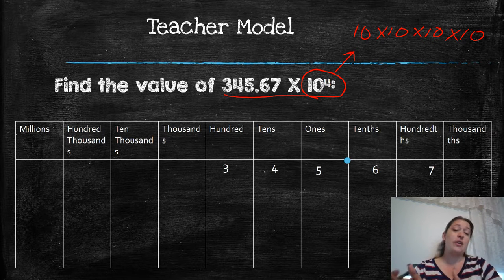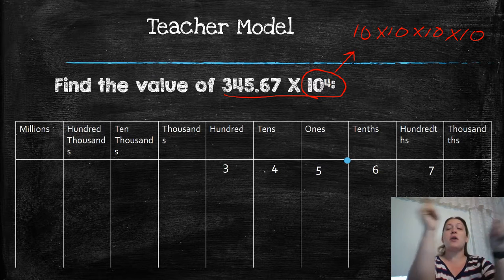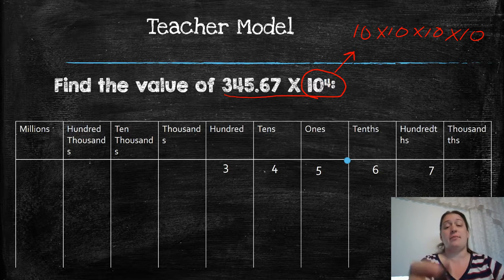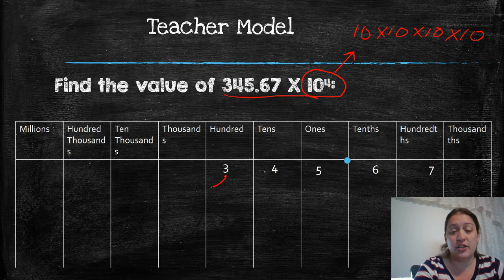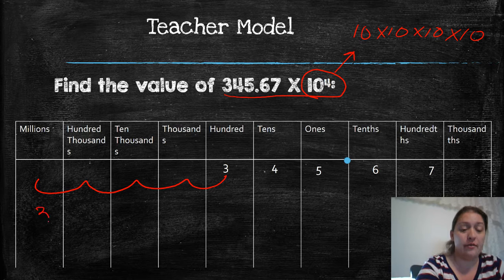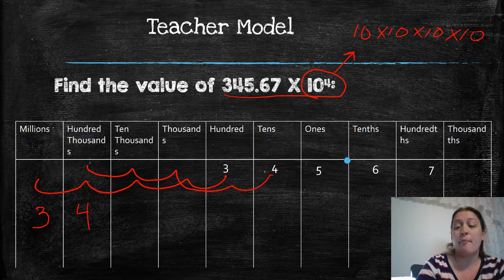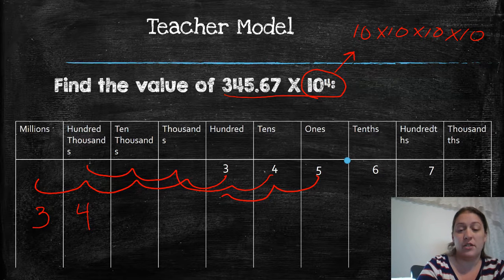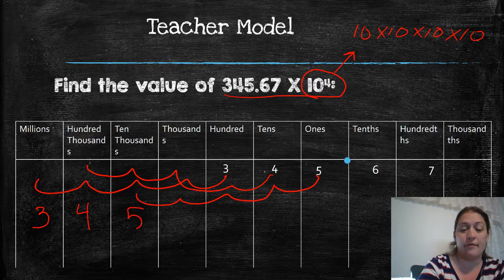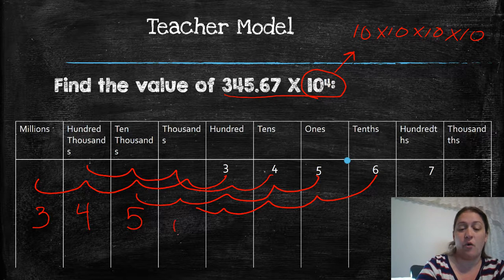So when we look, each digit is going to move over to the next one higher 4 times. So I would move my hundreds 1, 2, 3, 4. My tens 1, 2, 3, 4. My 5 1, 2, 3, 4. My 6 1, 2, 3, 4.